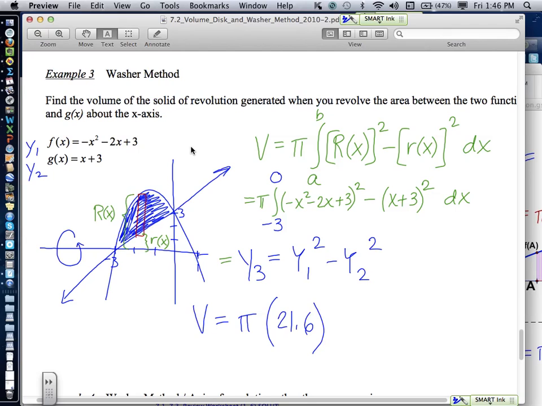Your lower limit is -3, your upper limit is 0. Integrating -3 to 0. All right, is anyone having problems with that? So the only thing that's different about washer method is you're actually kind of computing two volumes and subtracting them.